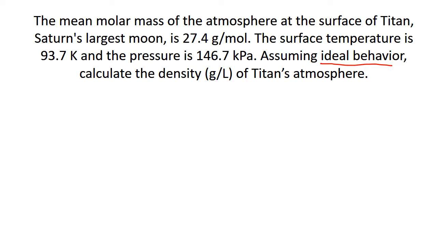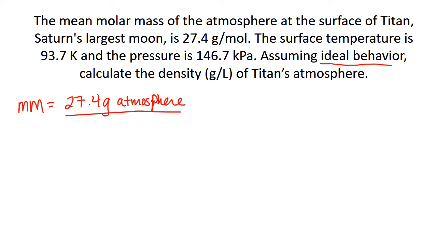Okay, so let's walk through the information. The mean molar mass, so the average molar mass of the atmosphere at the surface of Titan, is 27.4 grams per mole. So the molar mass of all of the gases on the surface of Titan is 27.4 grams of atmosphere divided by 1 mole of atmosphere, right?